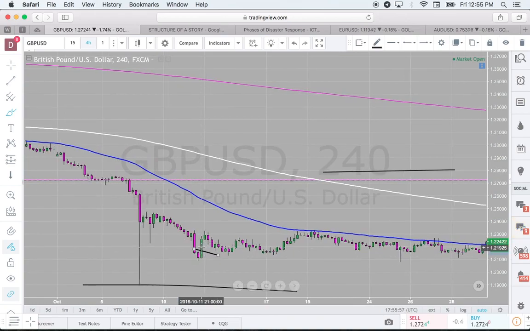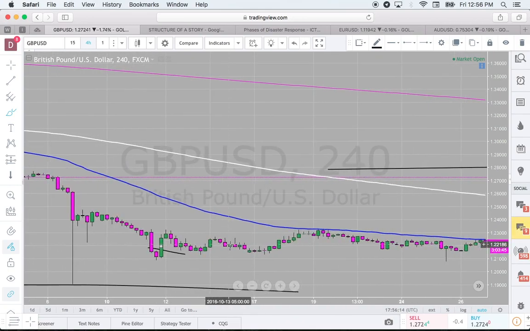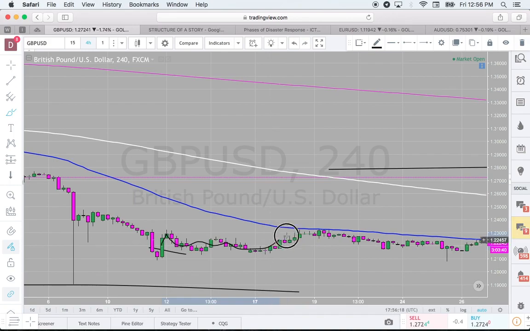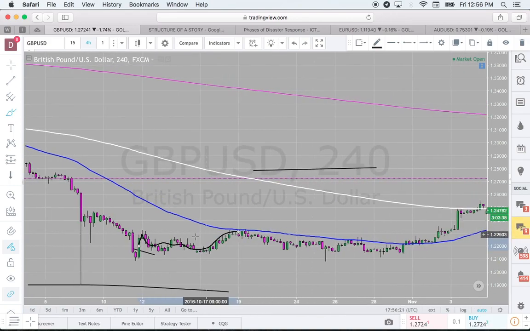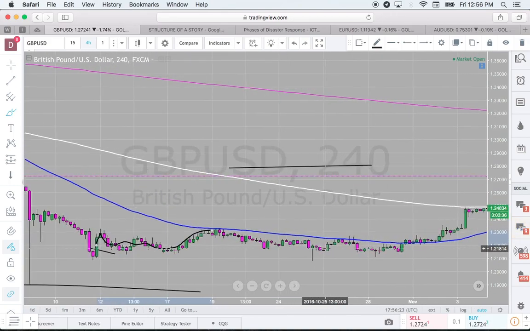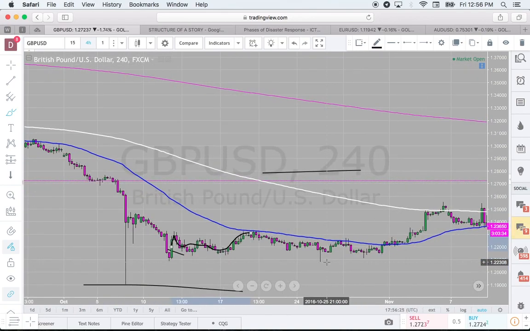But a stop hunt is basically, let's say you bought right around here, maybe 1.22. You bought at 1.22 and placed your stop loss at 1.21. So you were in profit a bit, and then the market consolidated for a few days, and then what happened? You were stop hunted.